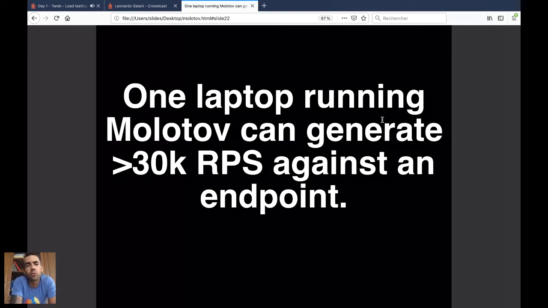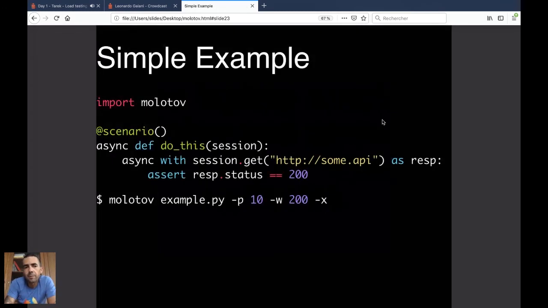So we were able to generate over 30,000 requests on the endpoint and just killed it. So if you're trying to load test a web service that needs to provide less than a few dozen thousand requests per second, usually a single node is good enough.